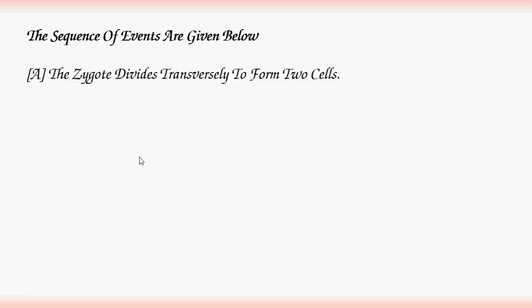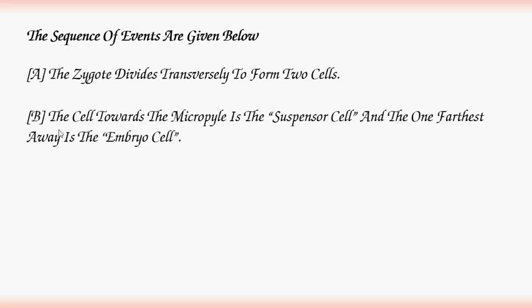The sequence of events in the development of zygote is given below. The zygote divides transversely to form two cells. The cell towards the micropyle is the suspensor cell and the one furthest away is the embryo cell.